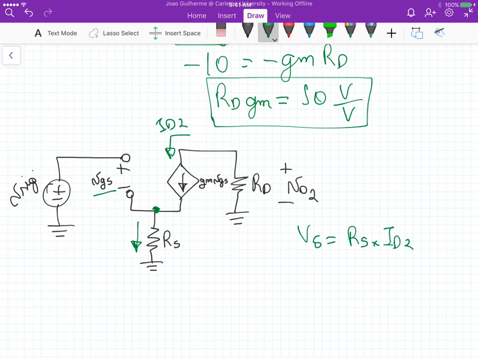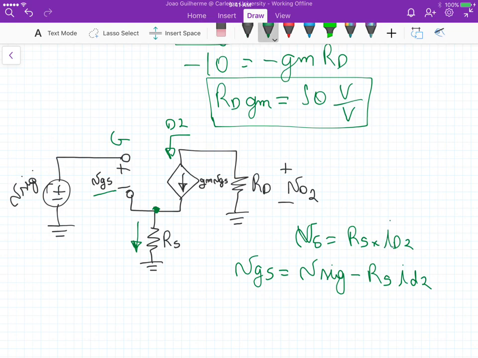So our VGS, I'll call it small vgs, is equal to V signal, which is this potential at the gate, minus the source resistance times ID2. I'll use small i because we are analyzing the amplifier.